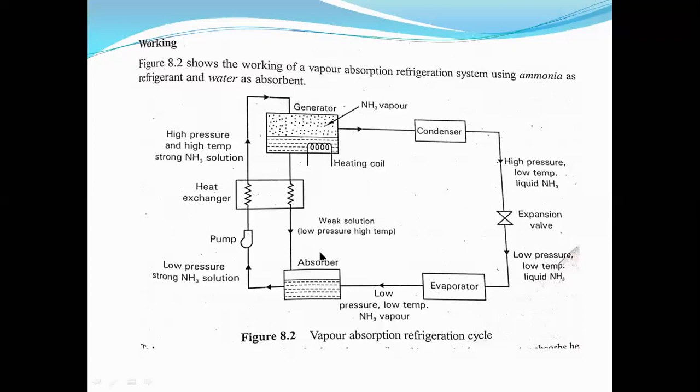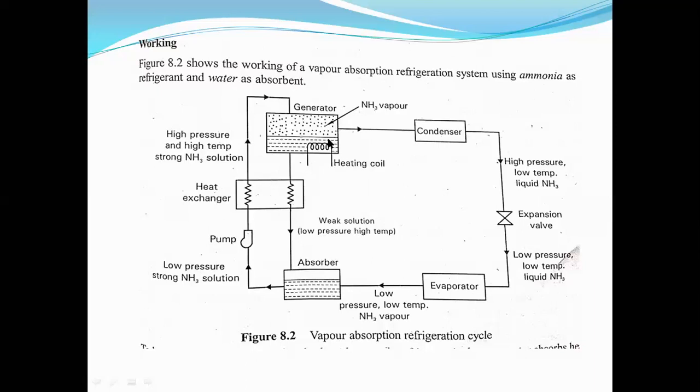And we have absorbent and refrigerant in VAR. So the parts of the vapor absorption refrigeration system are: first the evaporator, second the absorber, third the pump, fourth the heat exchanger, fifth the generator with heating coil.